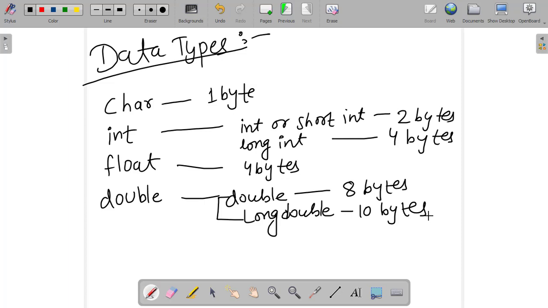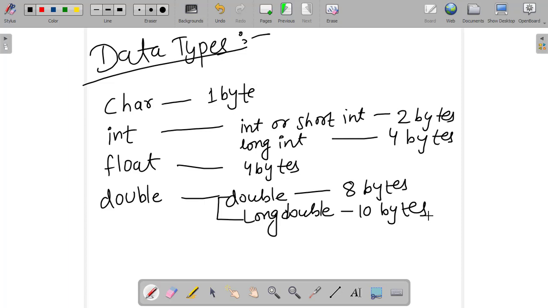The computer doesn't know which kind of data we want to store. So how can the computer identify it? With the help of data types, we tell it this is of this type, this is of this type. Basically there are 4 types of data types in C. Please remember this differs from programming language to programming language.